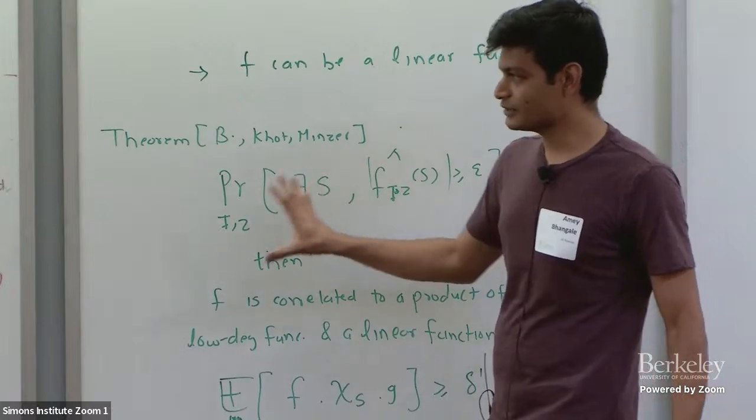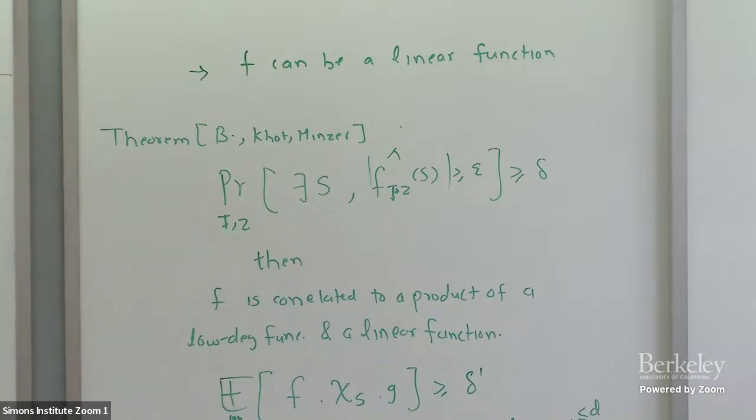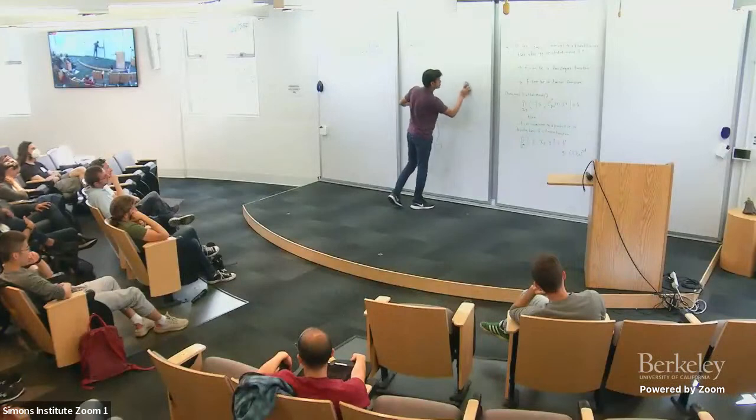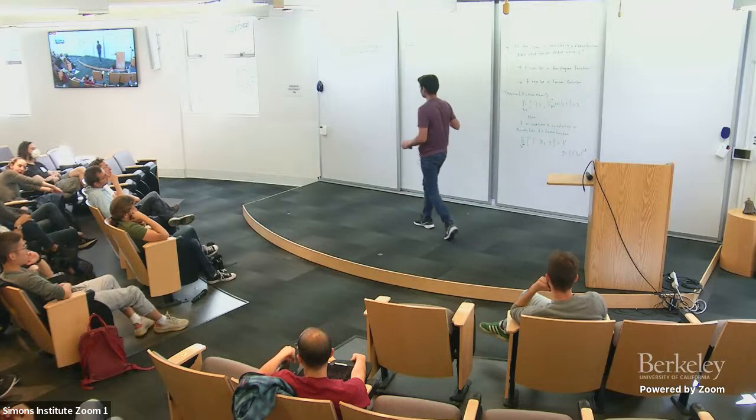So my aim is to analyze this and leave it at the point where you need some direct product testing result, and then I'll probably leave it at that. I think I'll mostly draw pictures to prove this theorem.